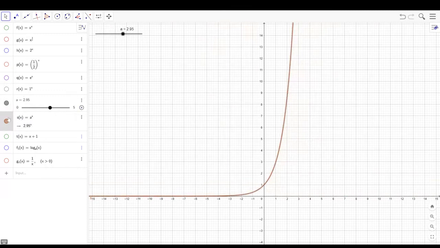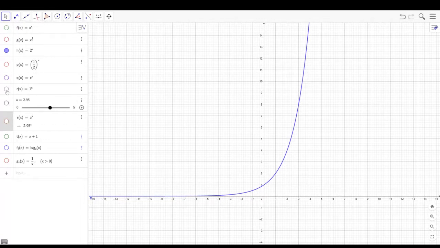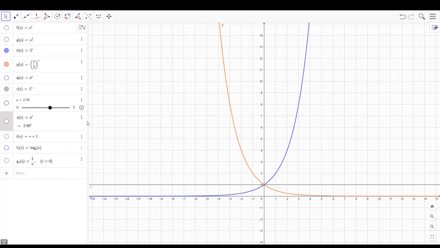So if I just pause that, let's have a look at 2 to the x, that's a simple one. 1 to the x is just a horizontal line. 1/2 to the x looks like that. So you can see as we move from left to right, the blue curve's increasing, the orange curve's decreasing, and the grey curve is just staying the same. So there are some basic exponential curves.